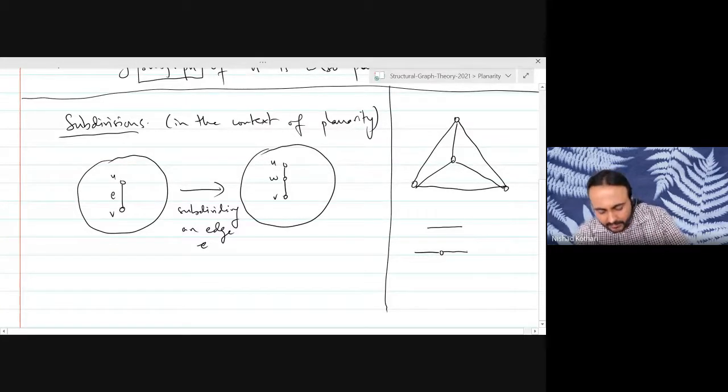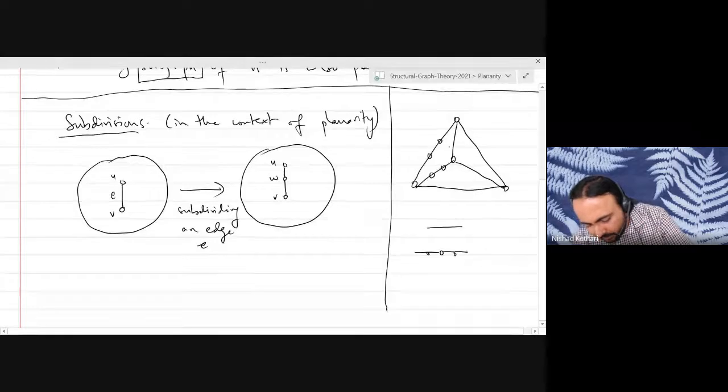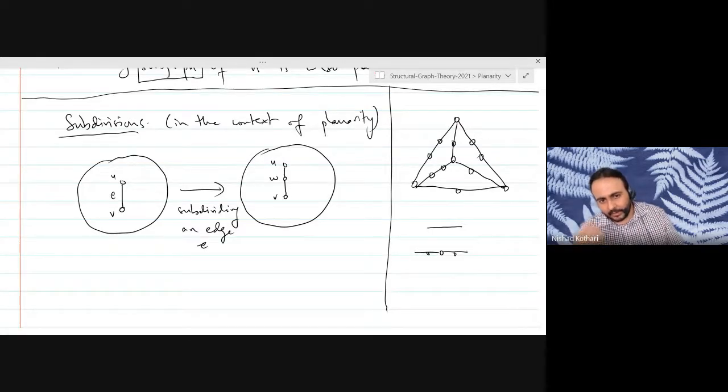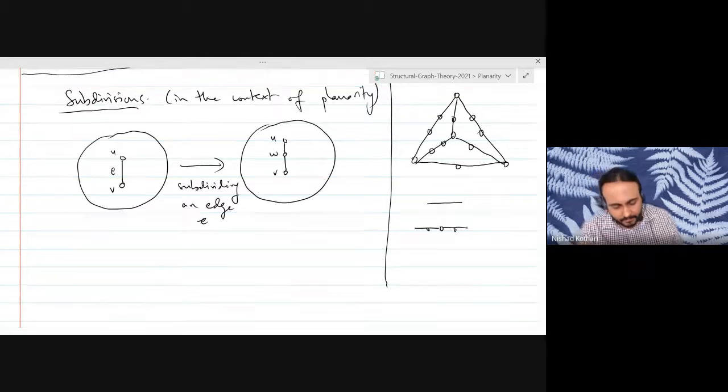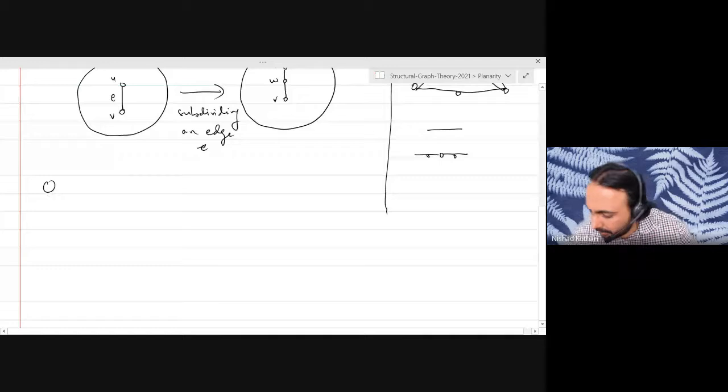The only difference is you have put some vertices on that, but that doesn't make any difference topologically. So if you subdivide an edge, you will just get a planar embedding of your original graph. You just do the subdivisions in the planar embedding, and now it is clear that every subdivision will also be a planar graph, right? So the observation, I think it's a proposition.